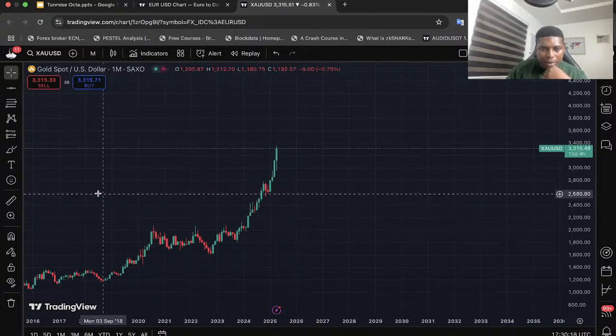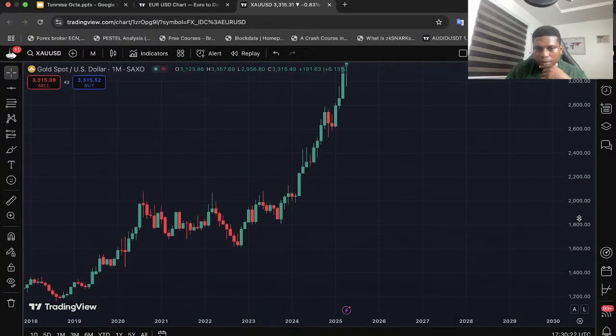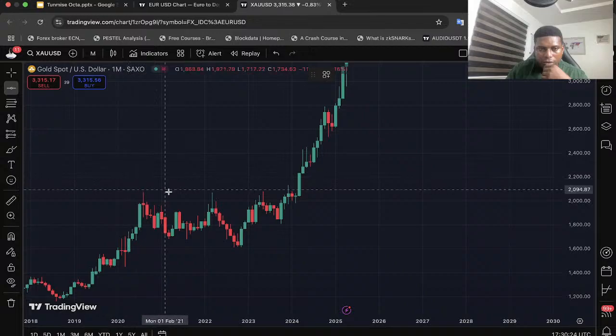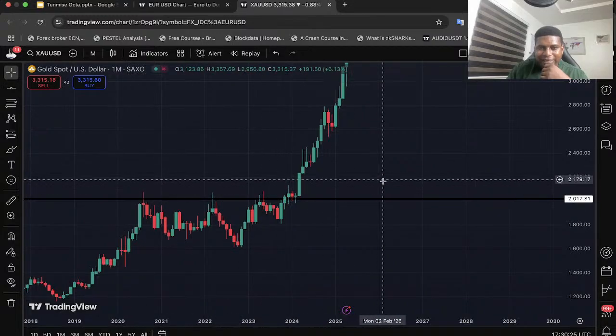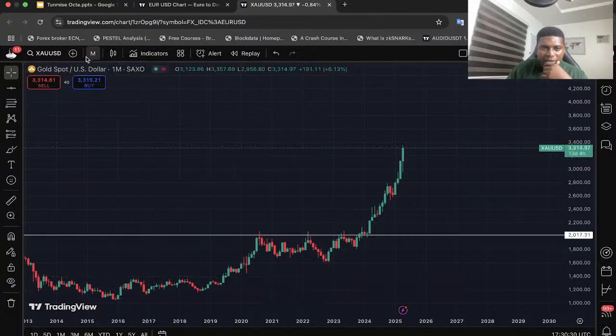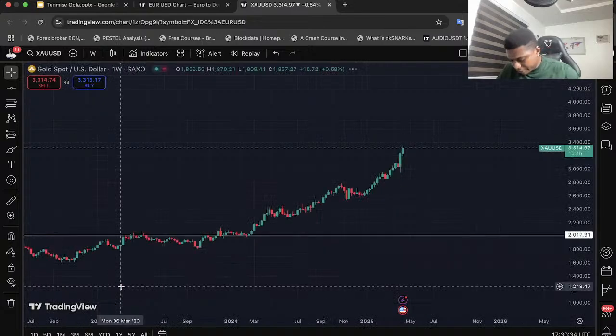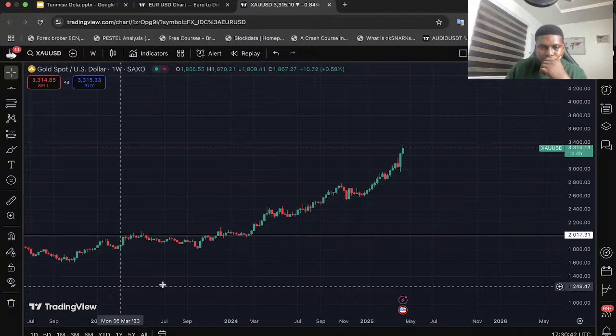So we might not see much pattern to study from the unending bullish momentum. However, let's go down to the weekly time frame.